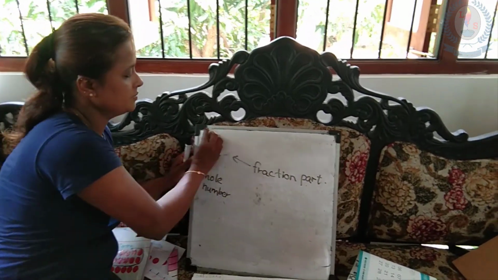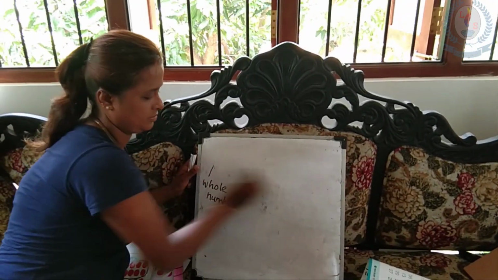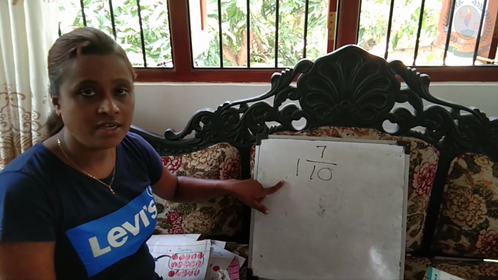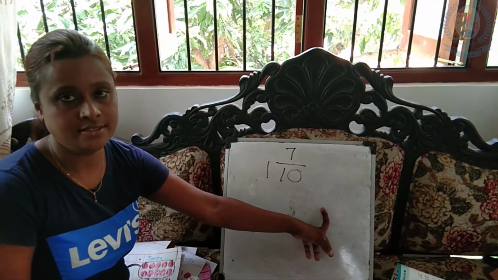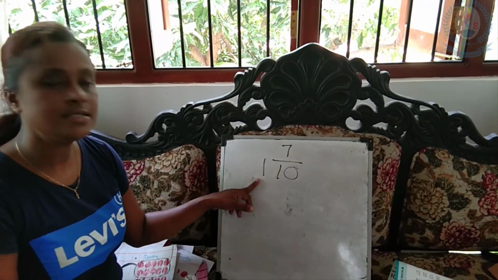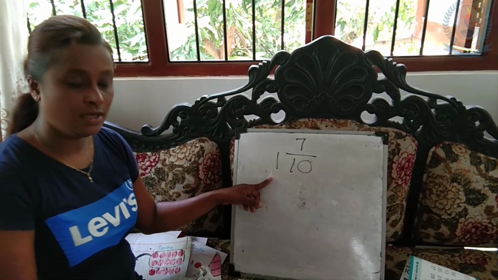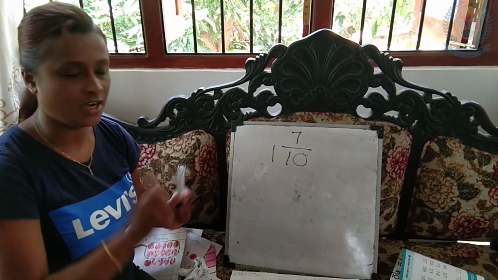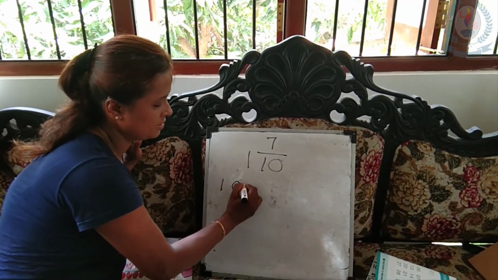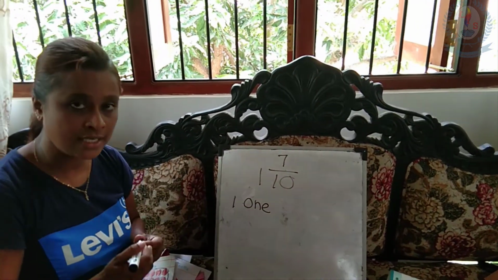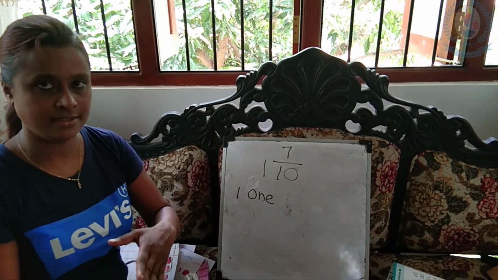Remember, look at this mixed number. 1 is the whole number, 7/10 is the fraction part. The whole number represents ones. Now it's clear, the ones and the tens.